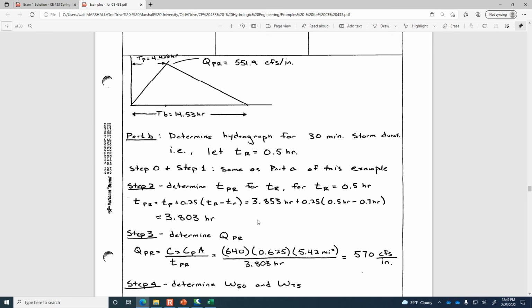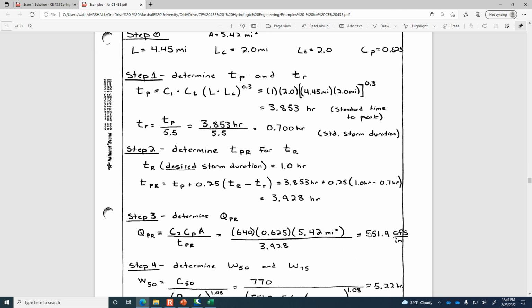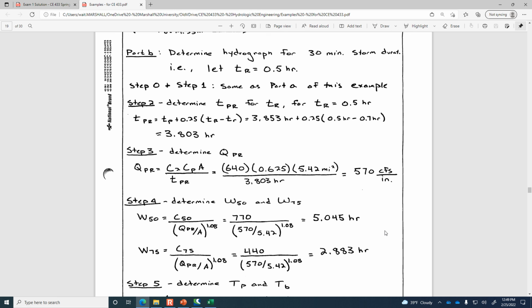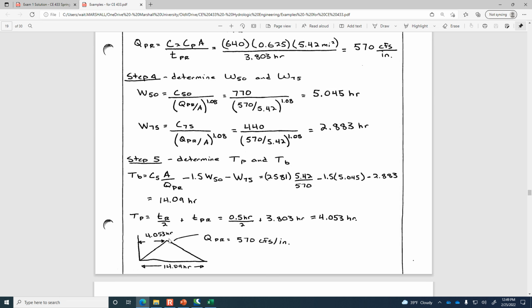In this example, the peak for the other storm was previously 551 CFS per inch. If you have a shorter duration, it takes the peak higher because it's the same amount of rainfall excess, just occurring over a shorter amount of time. So higher peak, but it also changes the time to peak and so on.